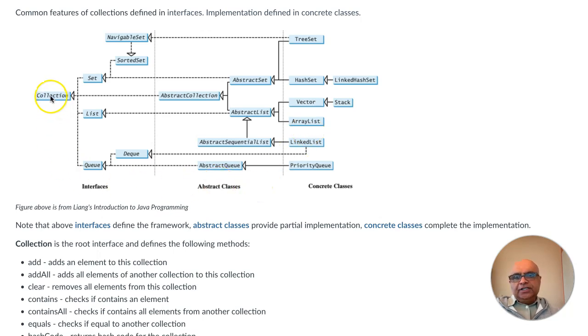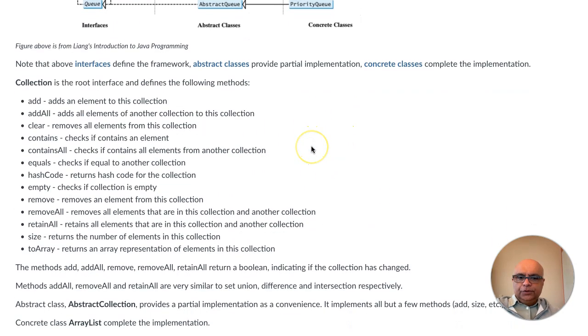So here Collection is the interface. AbstractCollection implements part of the class, but not others, such as add. And then ArrayList gives us the full implementation, which can now be used. So that's an example of the three different types of interfaces and classes that come into play. Okay.